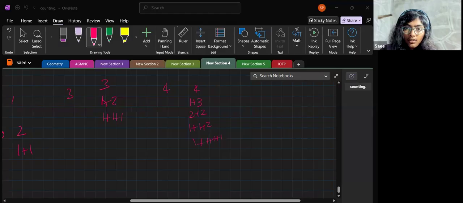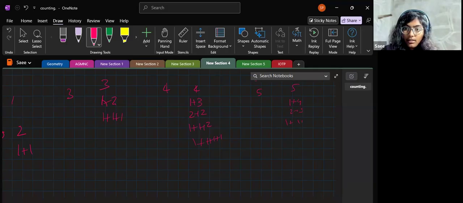So 5, you can either write it as 5, 1 plus 4, 2 plus 3, 1 plus 1 plus 3, 1 plus 2 plus 2, or 1 plus 1 plus 1 plus 2, or 1 plus 1 plus 1 plus 1 plus 1.